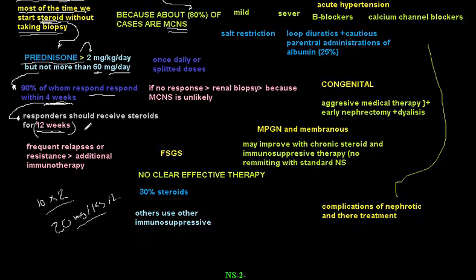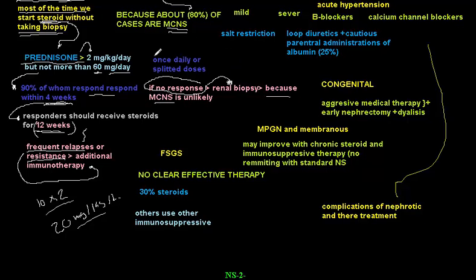If we have frequent episodes or resistance to treatment, then we suspect other types of nephrotic syndrome, and we have to give additional immunotherapy. If there is no response, renal biopsy is indicated, because minimal change nephrotic syndrome is not suspected in this case.